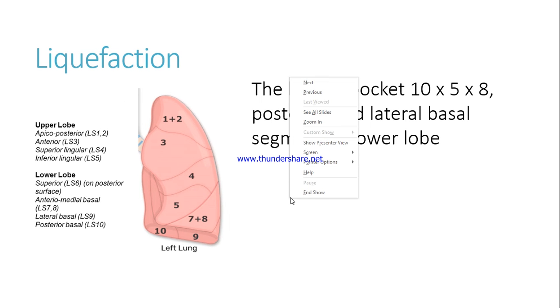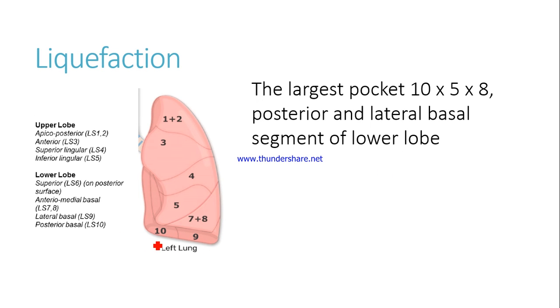You see this area: this 10 is the posterior basal, and 9 is the lateral basal. So this area is the lower lobe, this entire area. So this is the area where the largest pocket was observed. Okay.